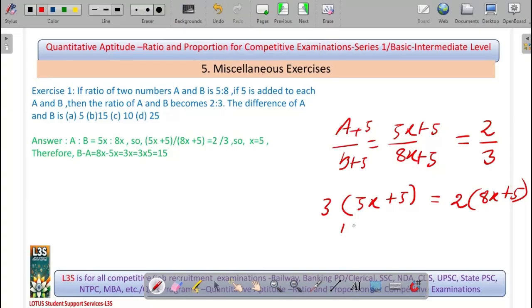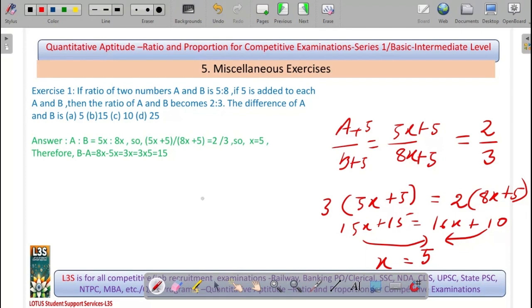This becomes 15x plus 15 equal to 16x plus 10. So we take x to one side and bring 10 to the other side, so it becomes 15 minus 10, 5. So x will be equal to 5.